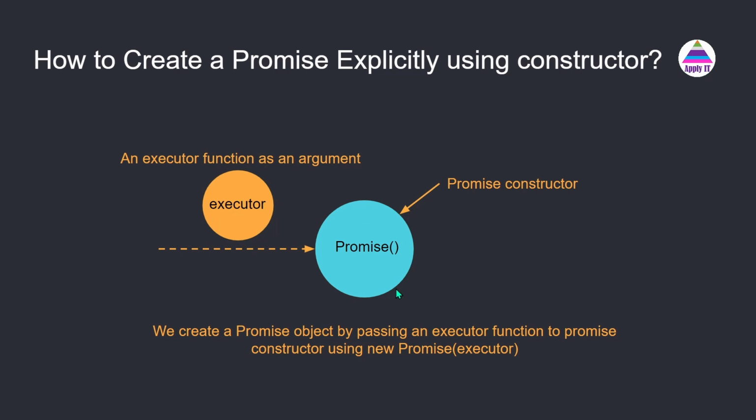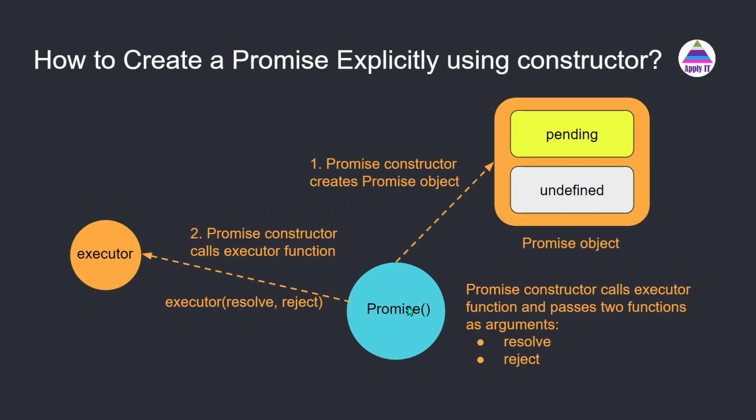So basically we are going to write code where we provide an executor function as an input to this Promise constructor. And this Promise constructor is going to first create a promise object where the state will be pending and the result is undefined, and after that the Promise constructor is going to call this executor function. The Promise constructor will pass resolve and reject as arguments to this executor.